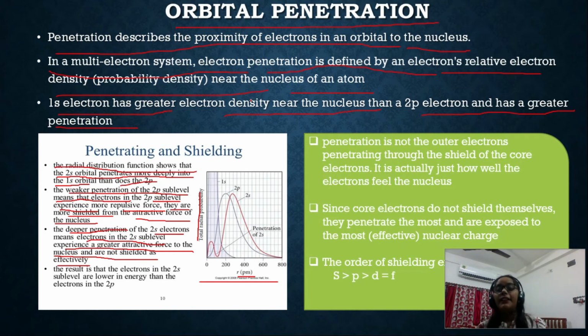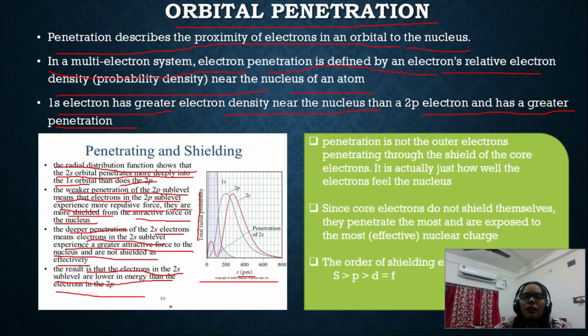Generally, orbital penetration is the interaction with the nucleus, how much the electrons are attracted by the nucleus. The result is that the electrons in the 2s sublevel are lower in energy than the electrons in the 2p orbital.